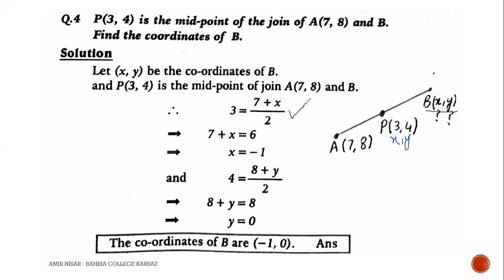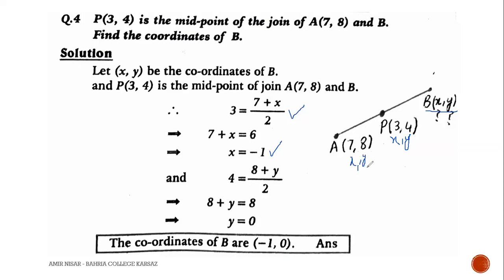Good. Go ahead. I'm listening to you. For P, the midpoint, the first value 3 is x, and for A, the 7 is x1, and from B, x2 is x. So we substitute these values in the formula for the coordinate of x, and we get 3 equals 7 plus x divided by 2.